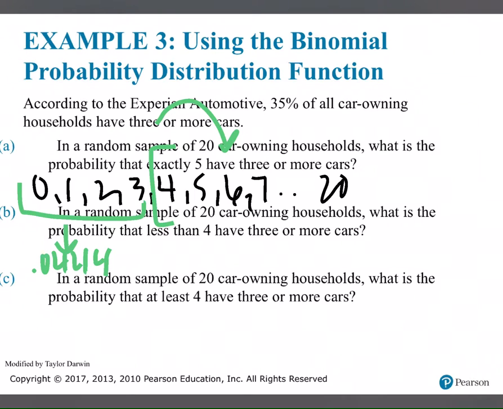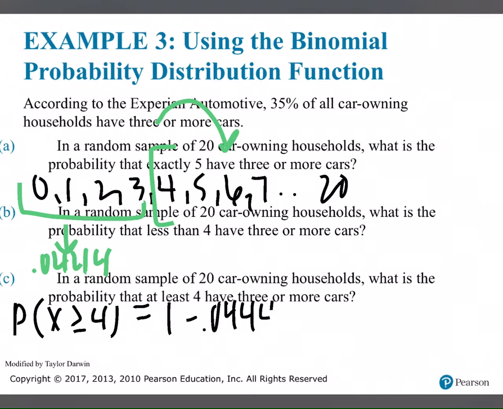We don't have to do that whole thing again, the probability of 4 plus 5 plus 6 plus 7 all the way to 20. That would be really long. So the probability that we find a house of at least 4 is equal to 1 minus that 0.0444. When I do that, I get 0.9556. That is a couple different examples of how we can find the binomial probability using that function.